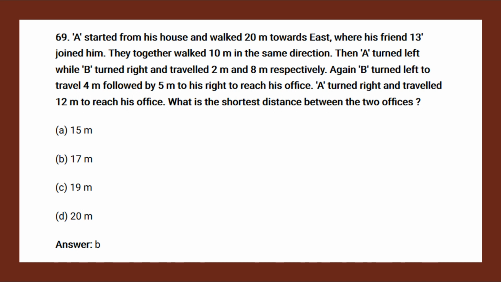Again B turned left to travel 4 meters followed by 5 meters to his right to reach his office. A turned right and traveled 12 meters to reach his office. What is the shortest distance between the two offices? A 15 meter, B 17 meter, C 19 meter, D 20 meter. And the answer is option B 17 meter.